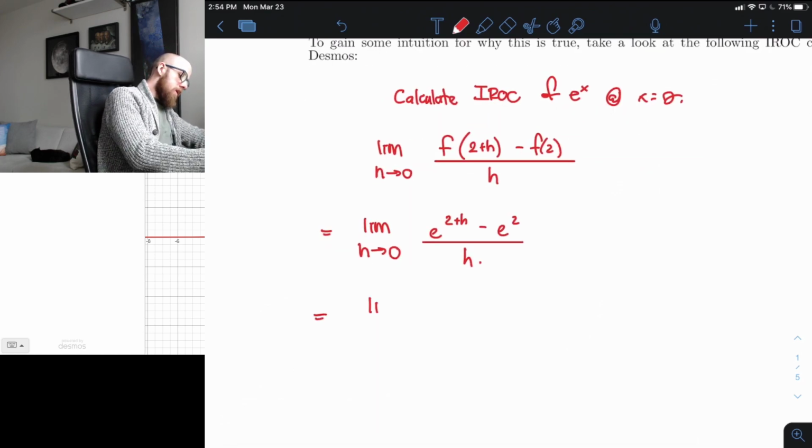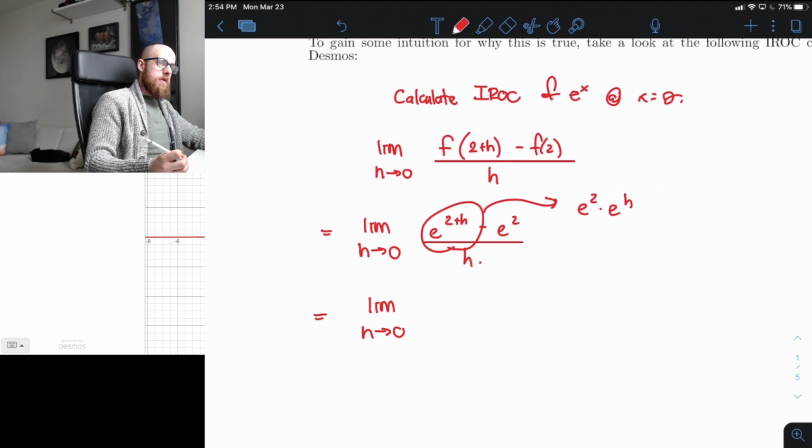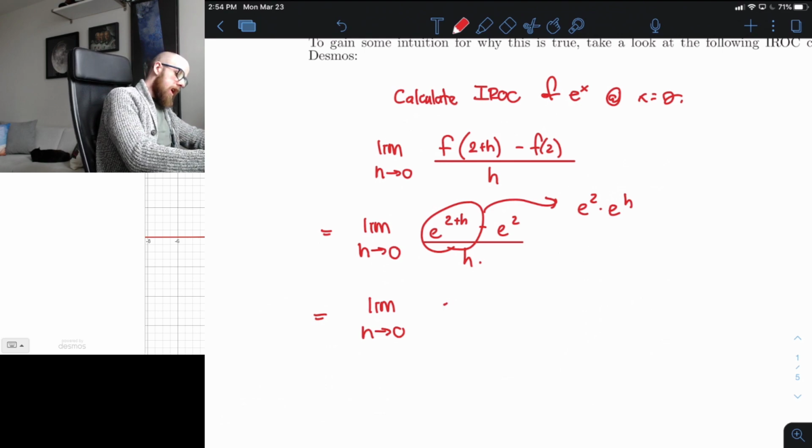So if we do limit as h approaches 0 of, I'm going to take this thing and I'm going to split it up. So we get e to the 2 times e to the h. That's one of our exponent rules, right? And I'm going to use that here. So I get e to the 2 times e to the h minus e to the 2 over h.